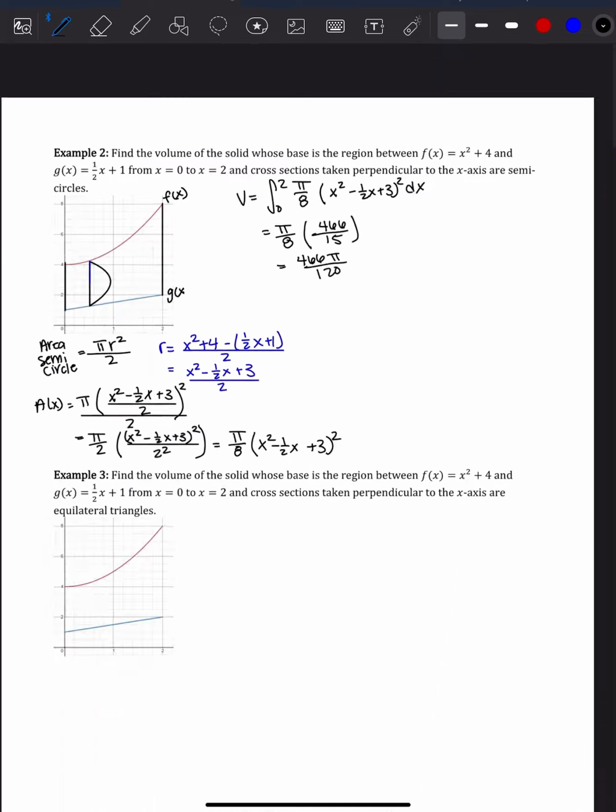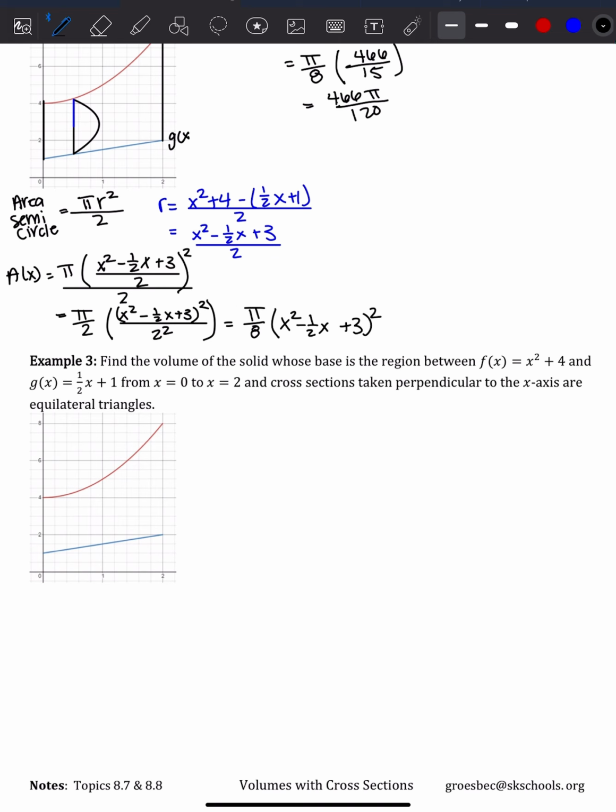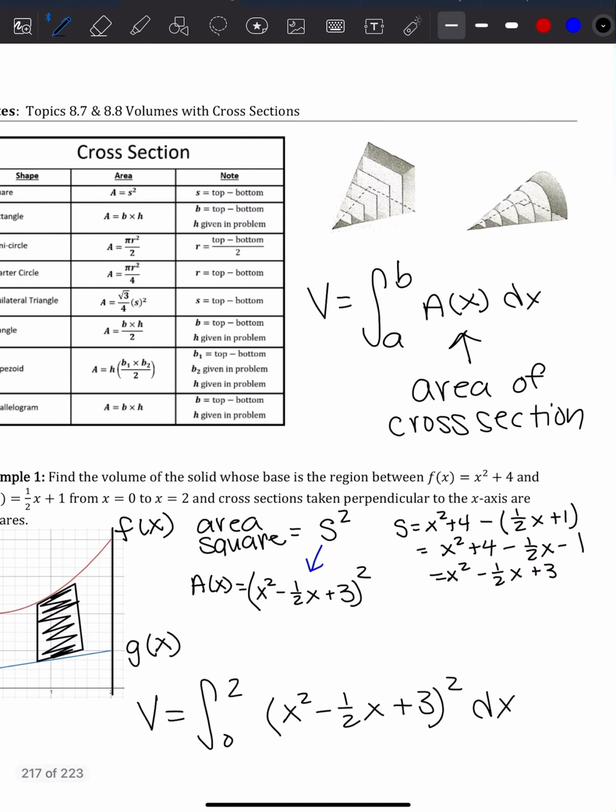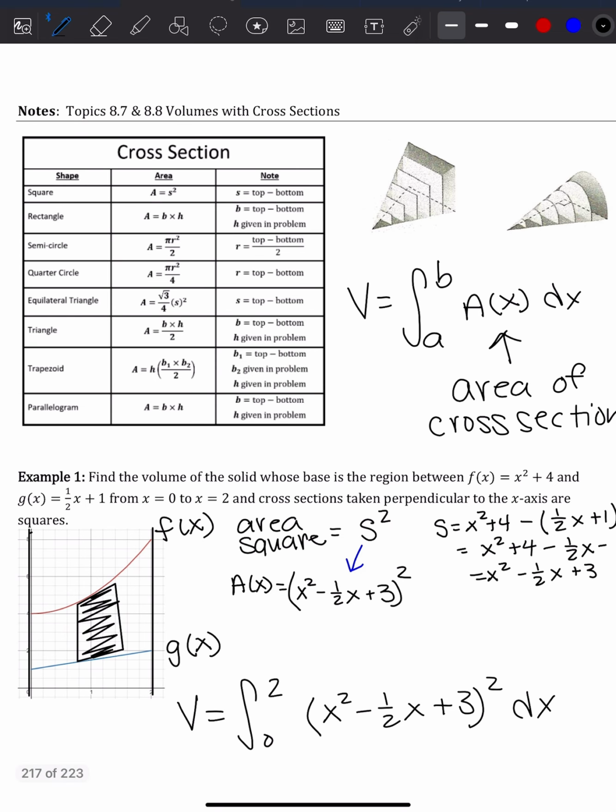Okay, there's one more with this setup, so let's look at it. Find the volume of the solid whose base is the region between the same exact two equations from 0 to 2, except for this time the cross sections are perpendicular to the x-axis again, and they are equilateral triangles. So for equilateral triangles, our area equation is the square root of 3 over 4 times s squared.